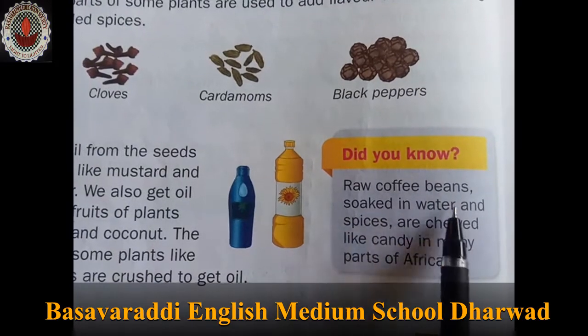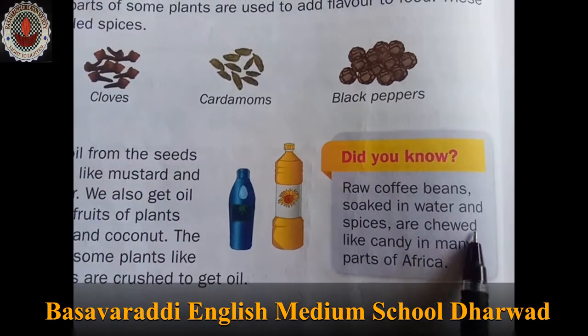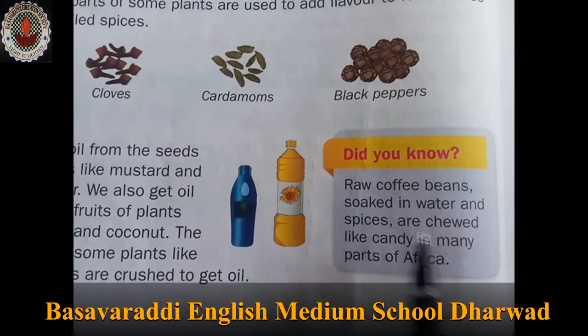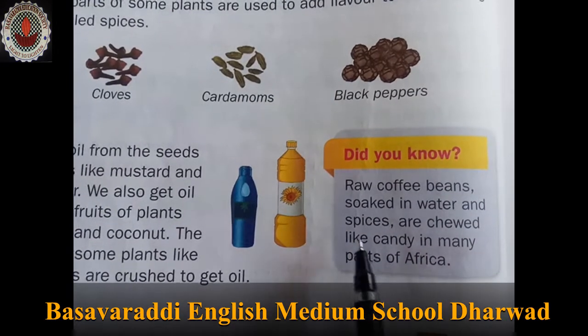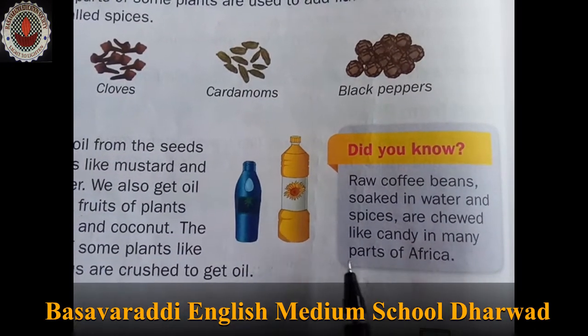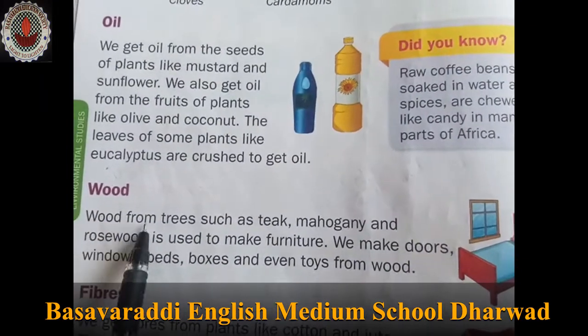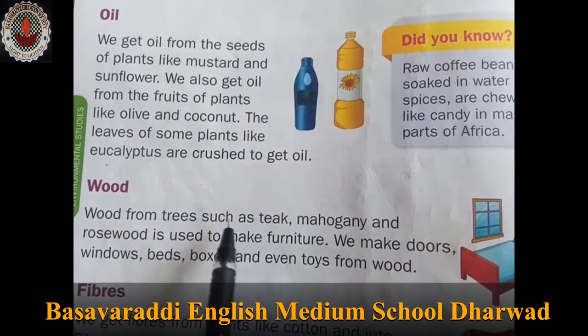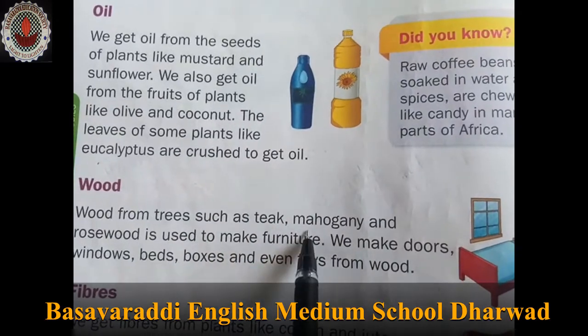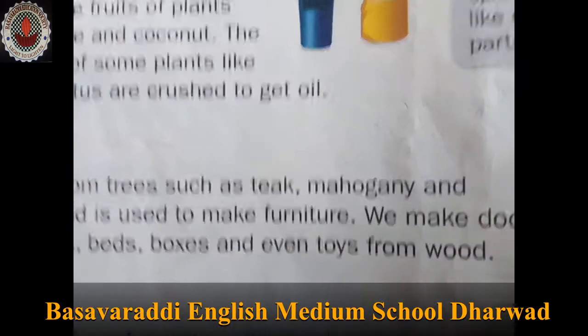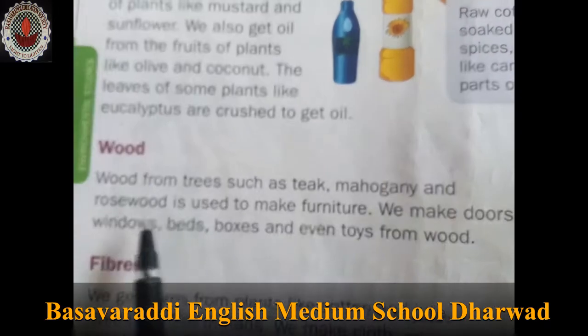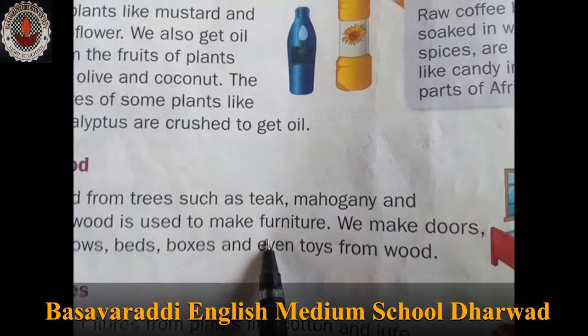Raw coffee beans soaked in water and spices are chewed like a candy in many parts of Africa. Wood from trees such as teak, mahogany and rosewood is used to make furniture.